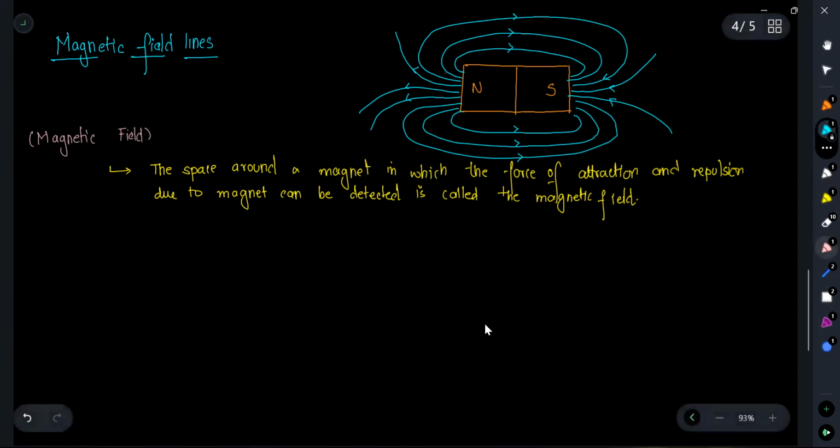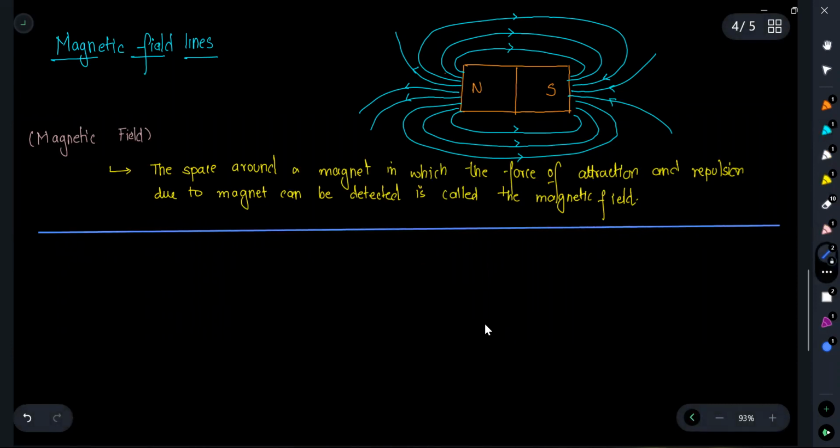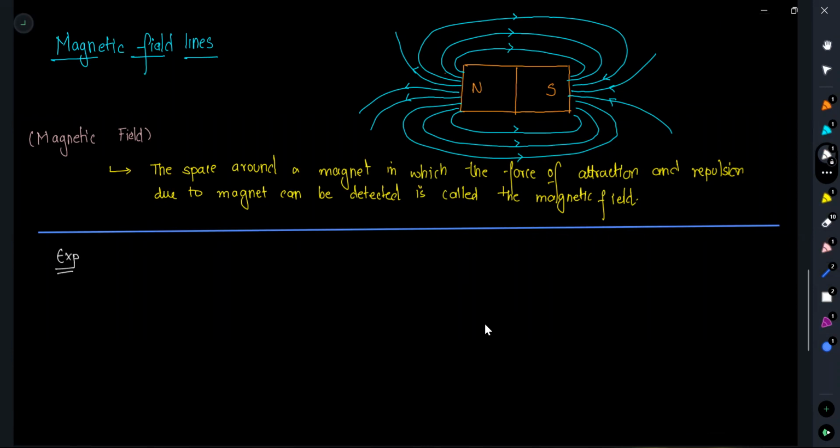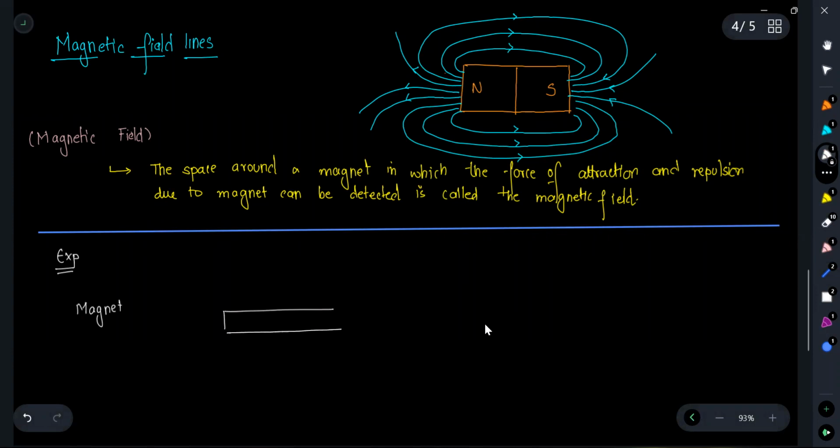Now there is this one experiment in NCERT that is used to draw the direction of magnetic field lines. That experiment is somewhat like, you take a magnet and then use a compass. So let's say this is a magnet, a big magnet, north south. And then you start with a compass, a small compass.